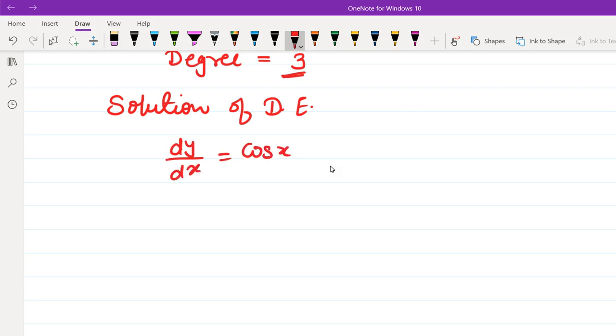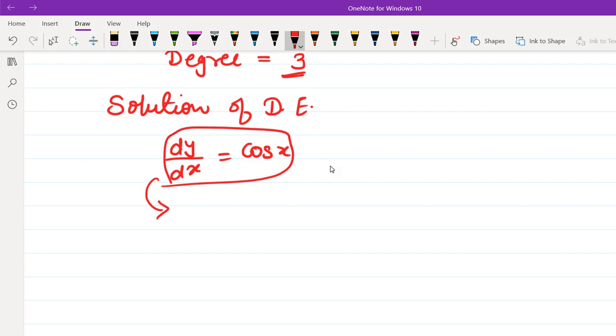So this is my differential equation. What do I mean by the solution of this differential equation? I have to get the original equation whose derivative is this. What could have been that equation whose derivative is dy by dx equals cos x?